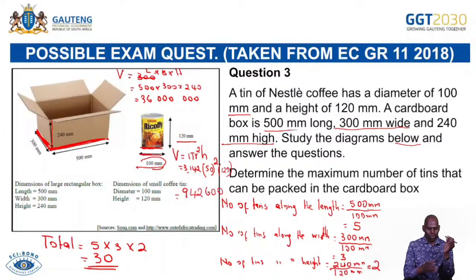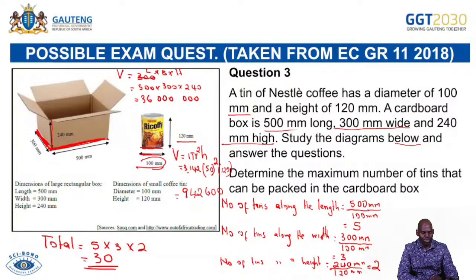So in other words, this is the mathematical method. The volume of the box is 36 million, and when I calculate the volume of the tin, I get 942,600. Then I want to know how many tins will fit into the box.